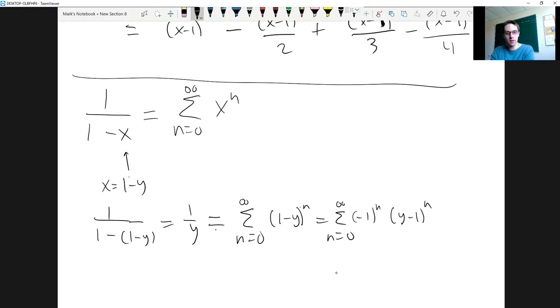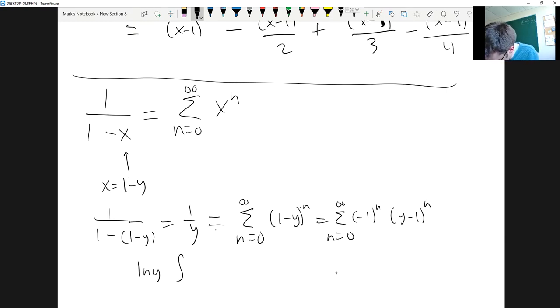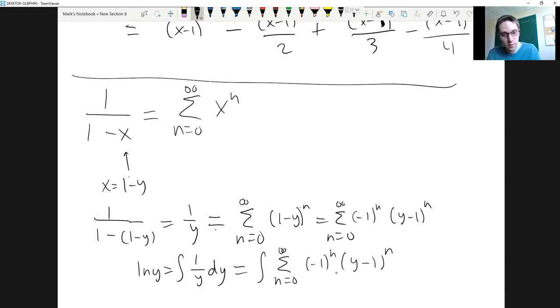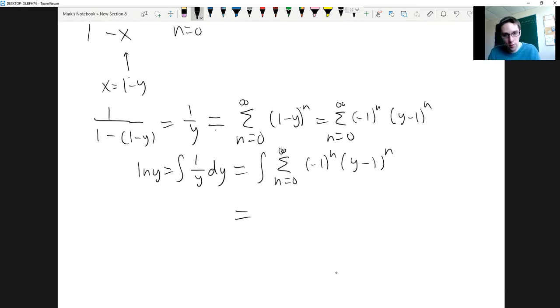And if we want to then compute the log of y, we could integrate that. Log of y is the integral of 1 over y dy. And so if I integrate this series term by term, that should give me a power series for log of y. And remember, we can only integrate term by term where the series is convergent. And this one is going to be convergent between 0 and 2.